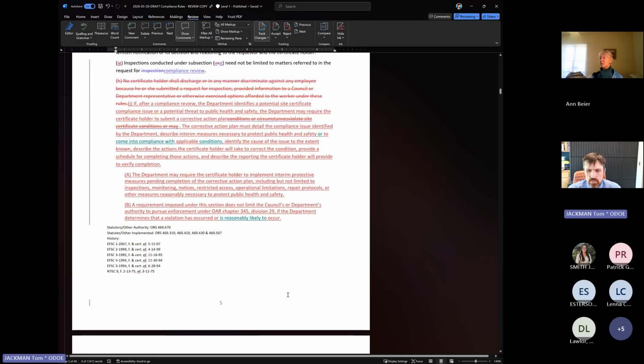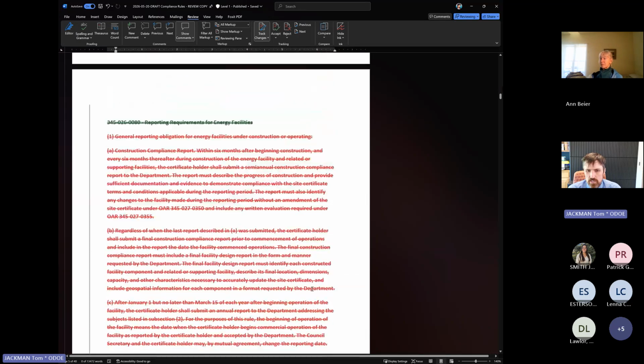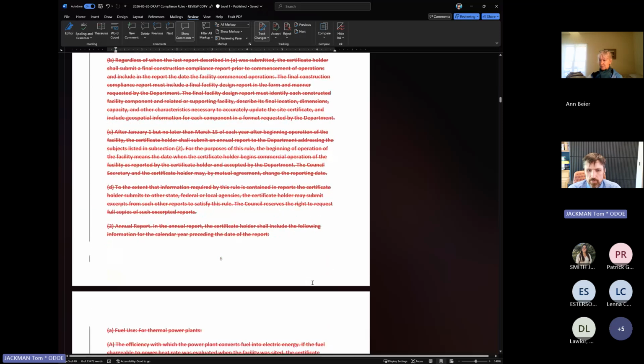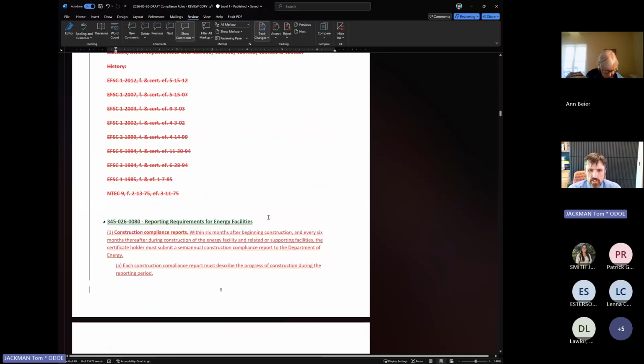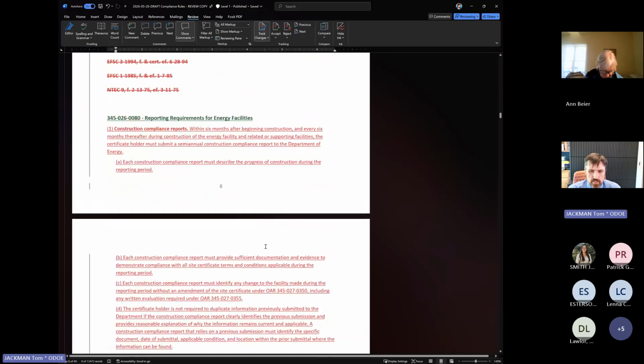Okay, just keeping us on schedule here, moving us along. So I had this Rule 80, which I rewrote, which is why it looks like it's all in red line. However, the second half of this rule is largely untouched.